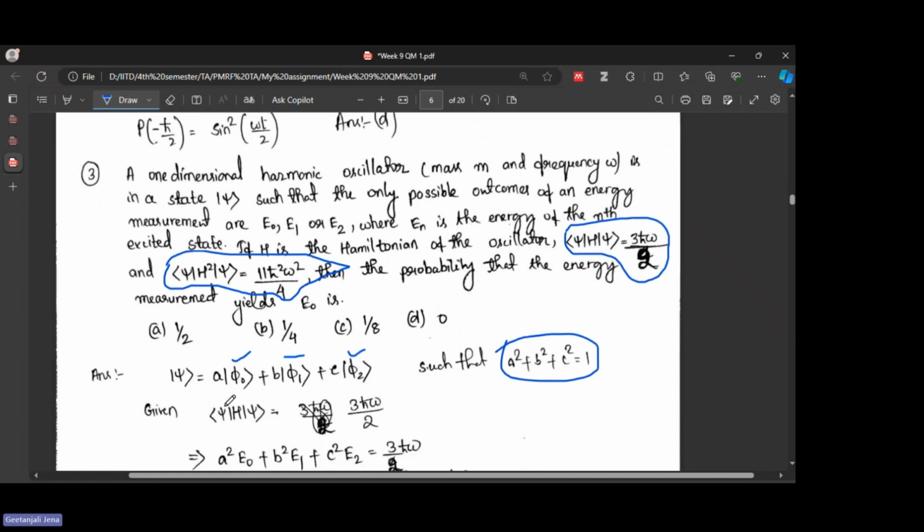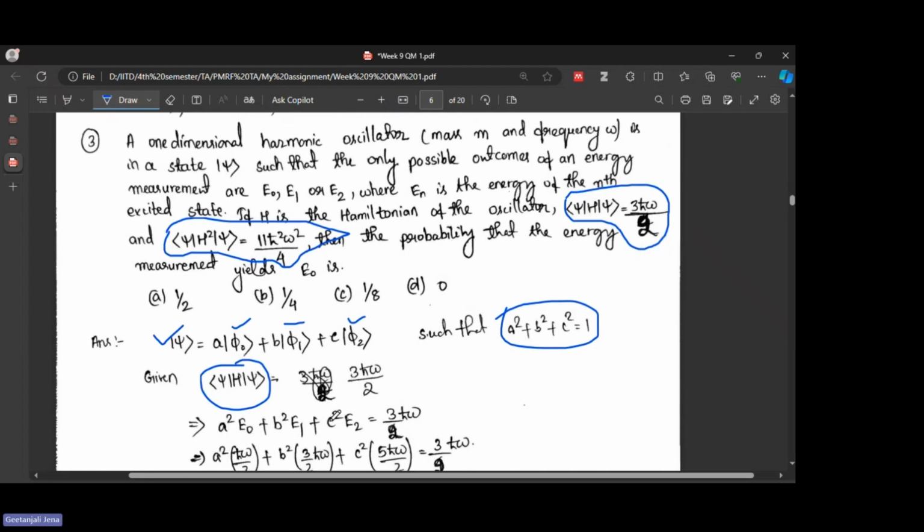So if you calculate the expectation using equation 1, what you will get is A square times E0 plus B square times E1 plus C square times E2. And the right hand side is 3 by 2 h bar omega.